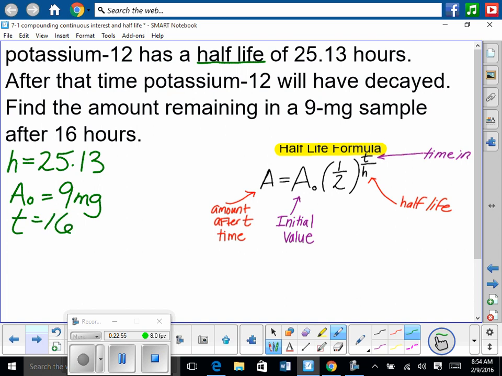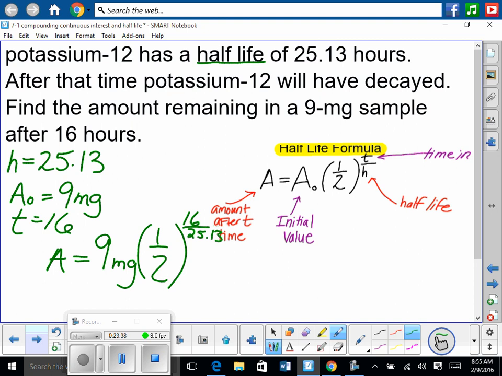So now we're just plugging it into our formula. A is equal to, or Y is equal to, either way works, the initial amount A naught, so 9 milligrams, times 1/2 raised to the t over h. So the time in is 16 over h, which is the half-life, 25.13. Then we're just typing it into our calculators. You'll type in 9 times 0.5 raised to the parentheses 16 divided by 25.13.